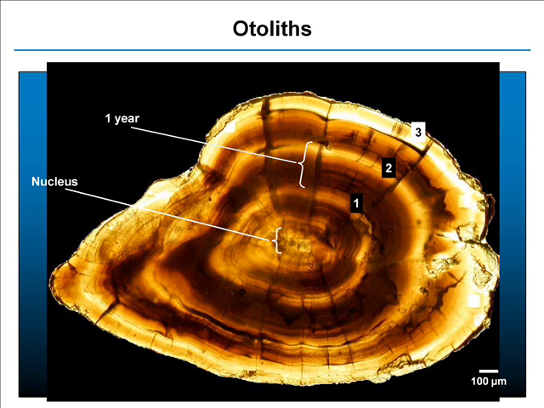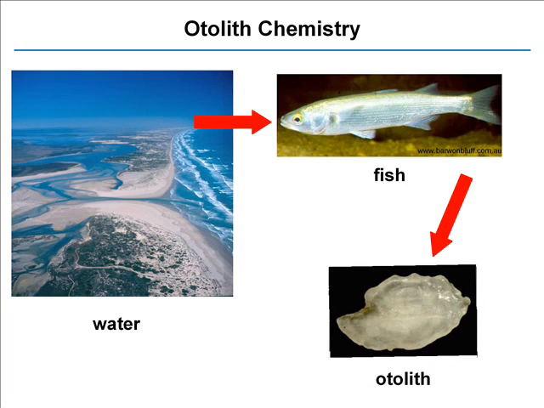Now, to use the chemical information within them, the premise behind this technique is that you've got the physical and the chemical environment influencing the rate of elemental uptake into the fish and the subsequent incorporation into the otolith.